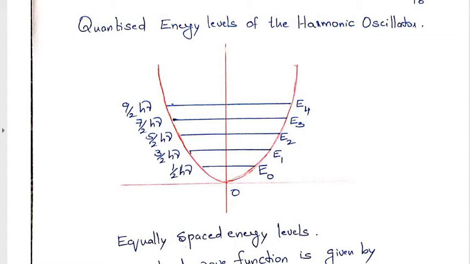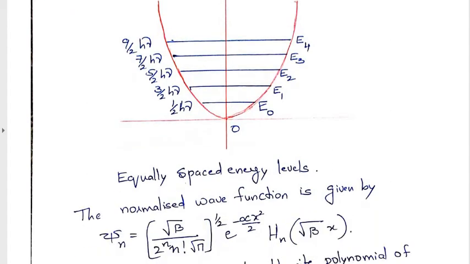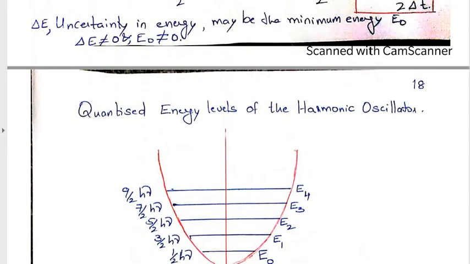When n is equal to 2, we have eigenvalue E2, which is equal to 5 by 2 h nu. N is equal to 3, we have eigenvalue equal to 7 by 2 h nu. N is equal to 4, E4, which is equal to 9 by 2 h nu. So energy levels are all equally spaced.